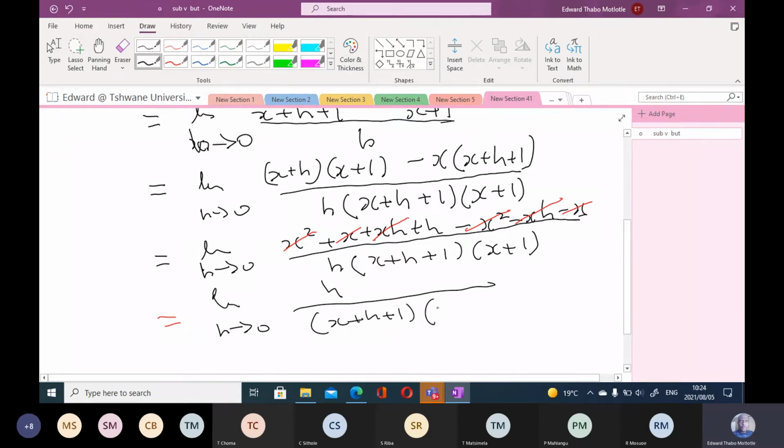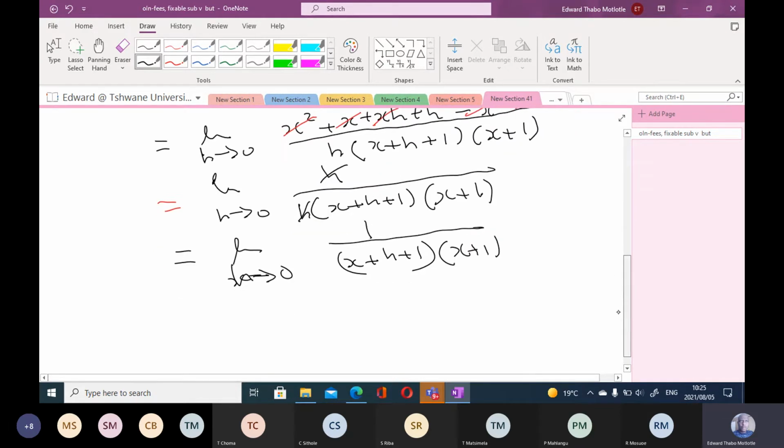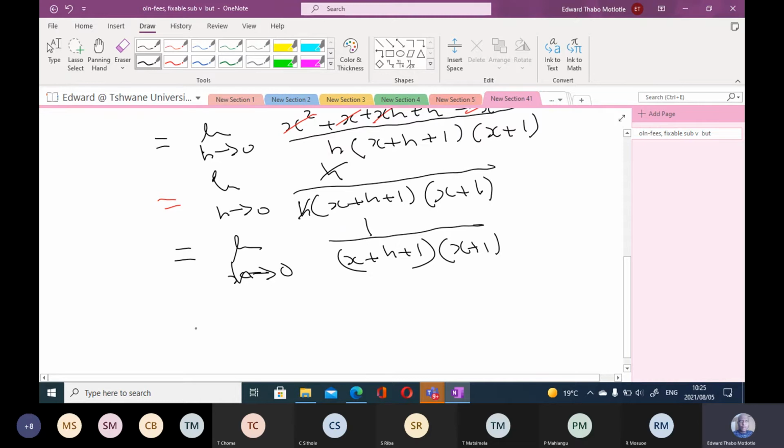Now we have the limit as h approaches 0 of 1 over (x plus h plus 1)(x plus 1). So now if we substitute h equals 0, we end up with 1 over (x plus 1) squared. So this is our derivative.